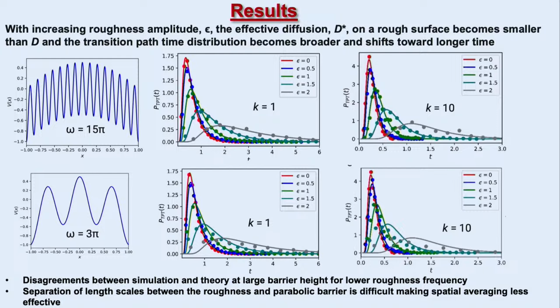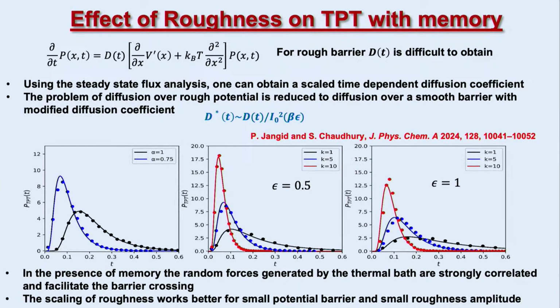These are exact results in the sense that we used a spatial averaging technique. Now we wanted to see what happens when memory comes into the picture. For the Fokker-Planck equation for a rough barrier, it is difficult to obtain the time dependent diffusion coefficient.